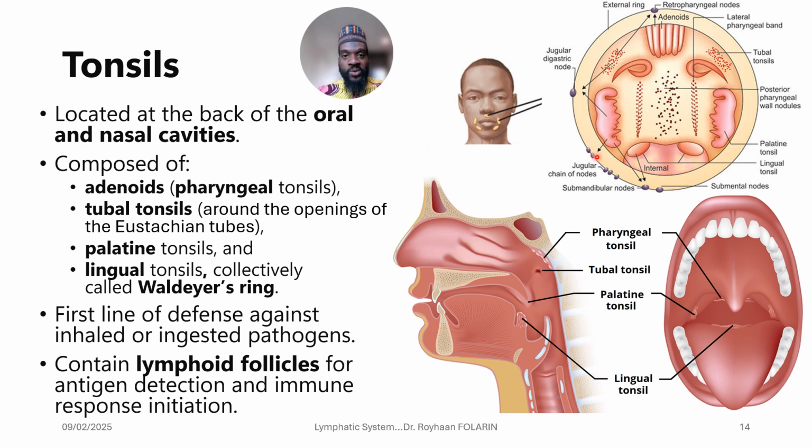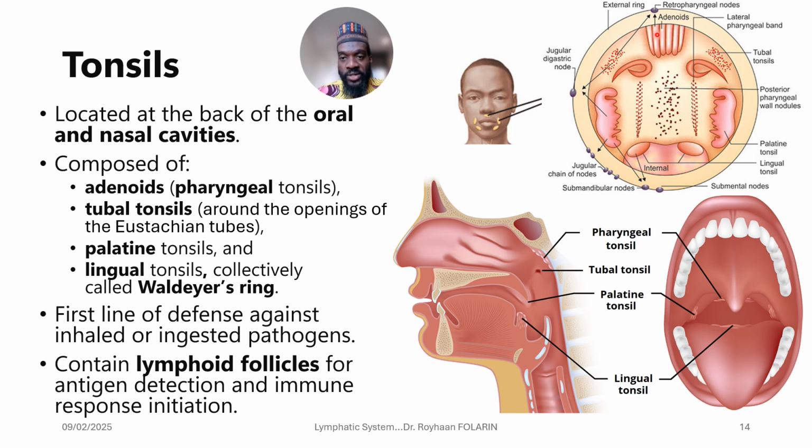It is named after Heinrich Waldeyer-Hartz, who was a German anatomist and pathologist that was the first to describe this circular arrangement of the lymphoid tissues in the pharynx. So the ring-like structure is composed of four main types of tonsils, and all of these four categories of tonsils form a protective immune barrier around the entrance of the digestive and respiratory tracts, as mentioned.